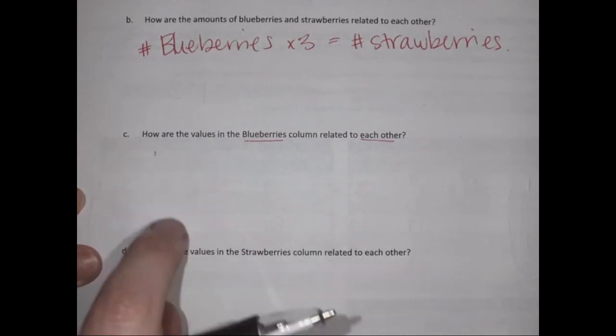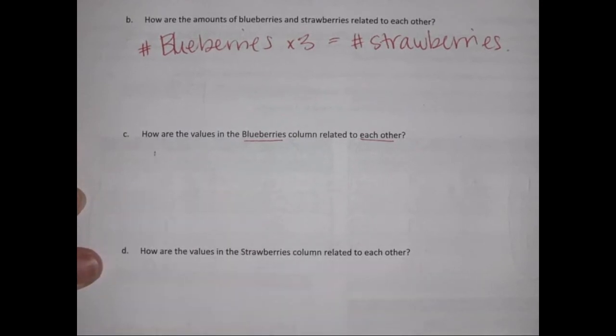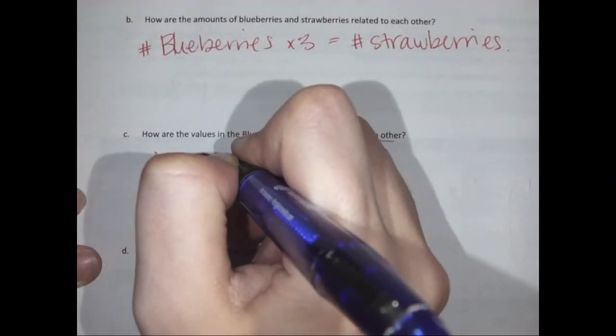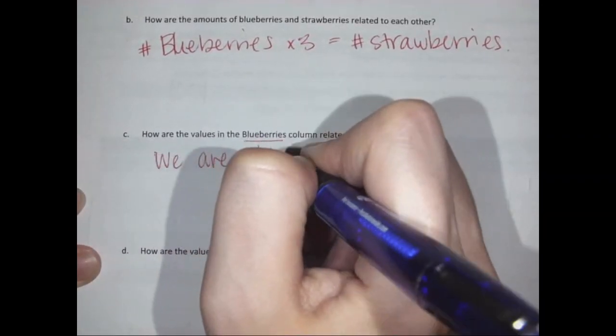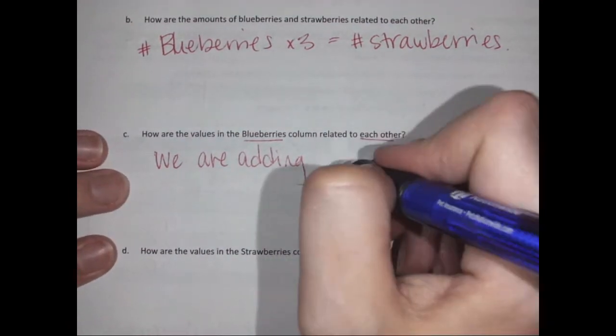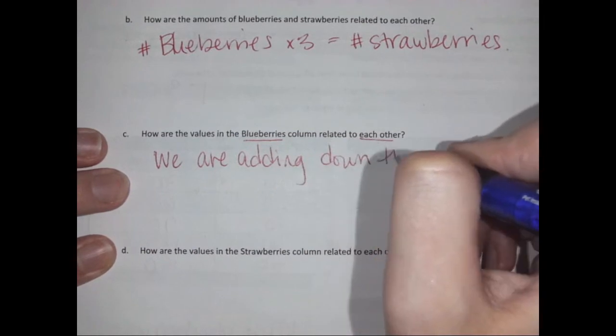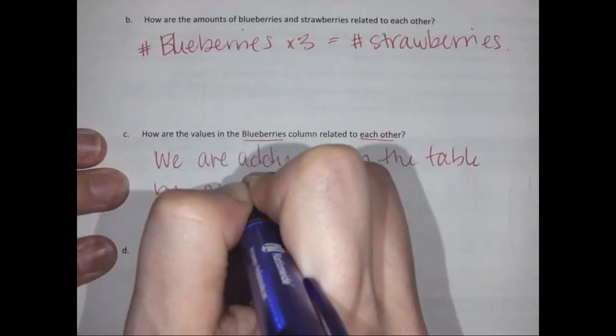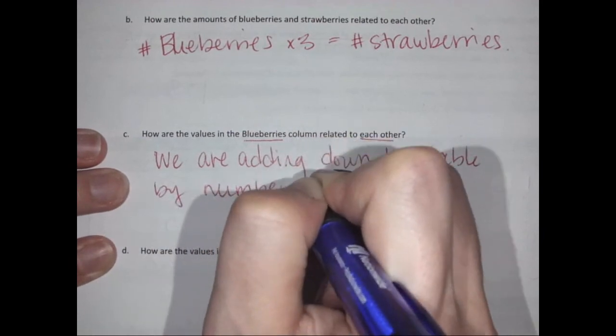So how can we sum that up in one sentence? In the first table, you are counting by 1. In the second table, you are adding a 0 and counting by 10. What if I say we're adding down the table by numbers equivalent to the ratio?